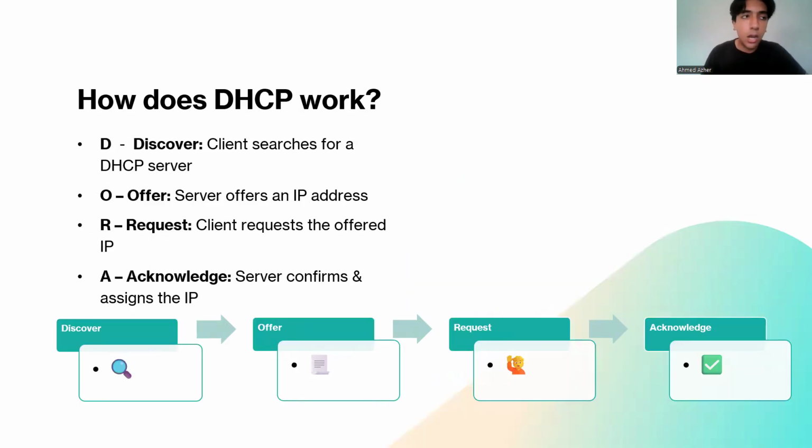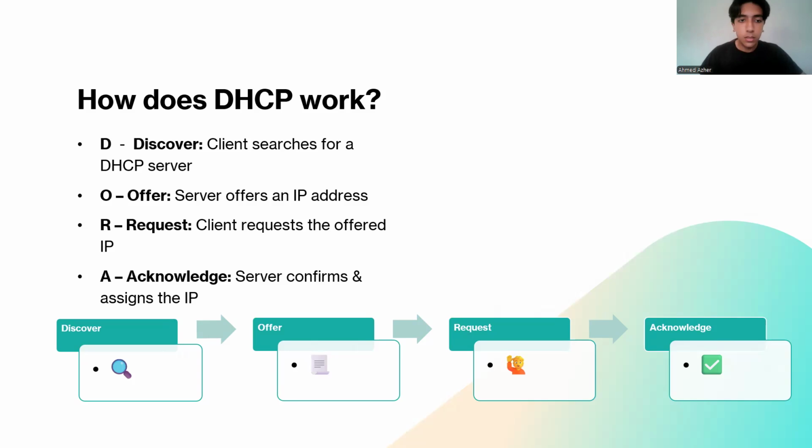So how does DHCP work? It's just a four-step process known as DORA, which is discover, offer, request, and acknowledge. So let's break this down quickly. In the discover part of the process, the client searches for a DHCP server and then goes to the next process, which is basically offer, where the server offers an IP address to the client.